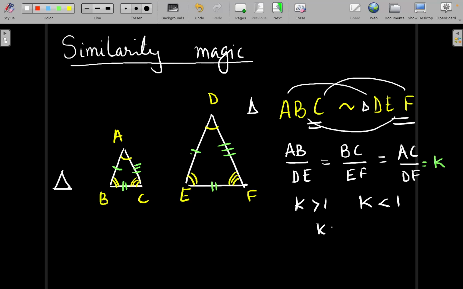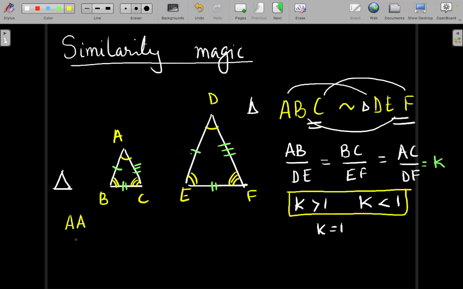Of course, K equal to 1 means the two triangles are congruent, but at this juncture we are more interested in similarity rather than congruence. So what are the criteria to decide that two triangles are similar? There are three criteria.